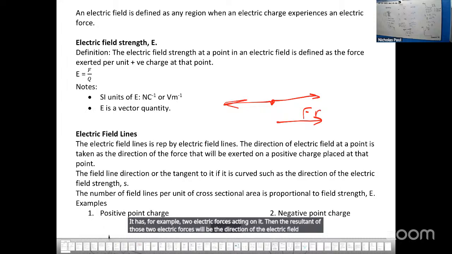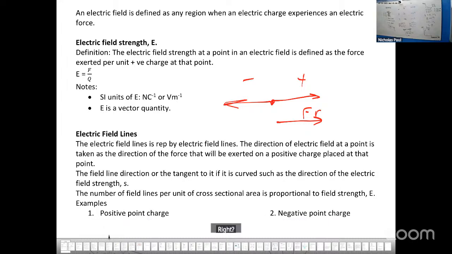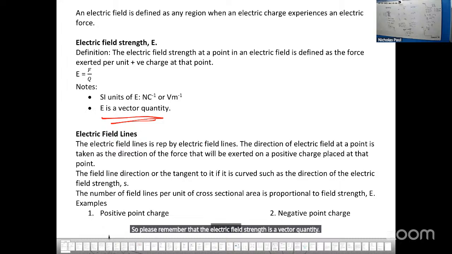So if one is positive and one negative, let's say to the right, then the electric field strength will be positive, and to the left will be negative. We will look at a calculation on that. So please remember that electric field strength is a vector quantity, so the direction is very important.